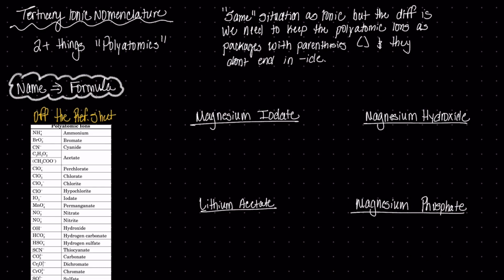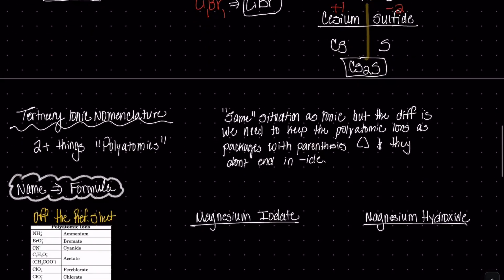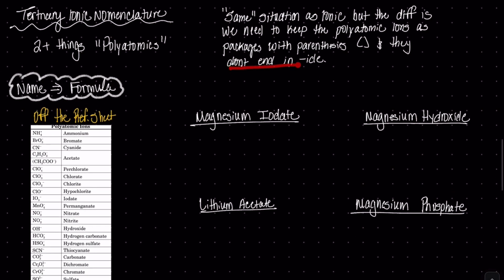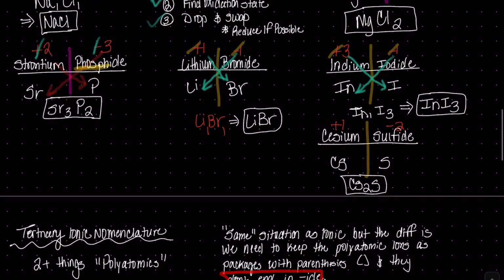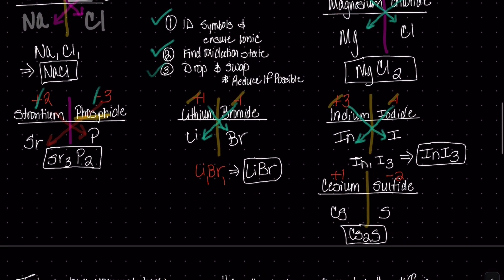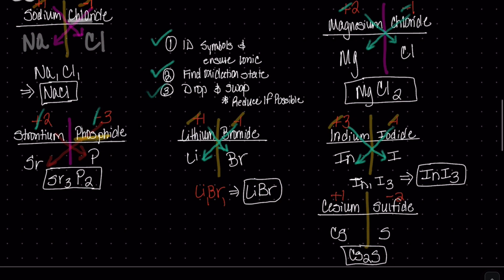These packages of polyatoms must stay together. So we use those parentheses to keep the polyatoms together, showing their uniqueness. And we have a special case where they don't end in IDE, and you hear everything else up here ending in IDE. You see the IDE ending here.